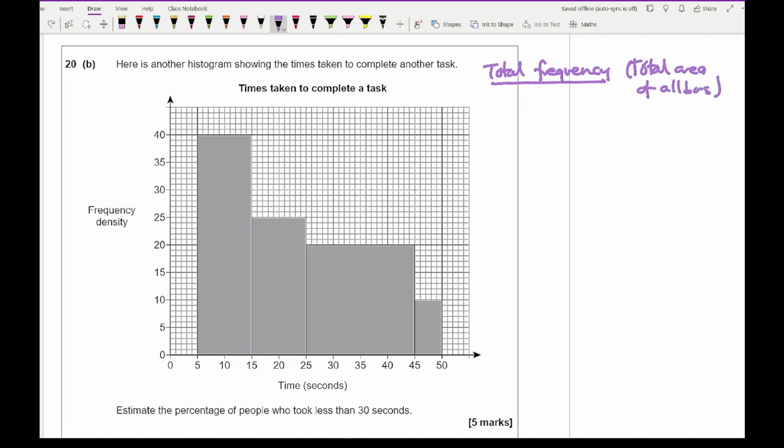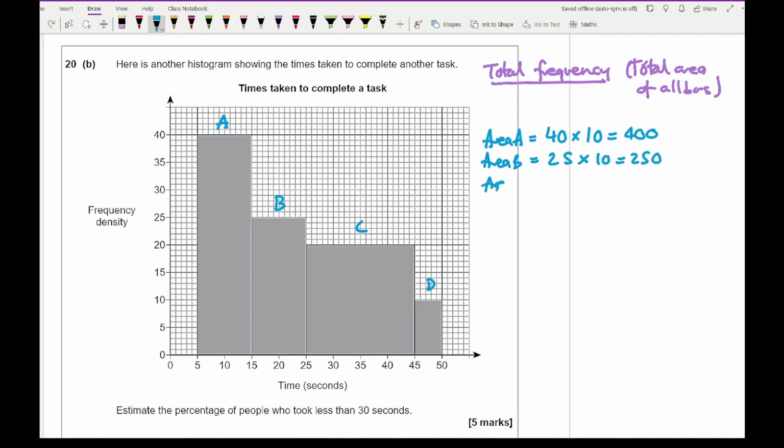So if I just label these bars A, let's not use purple because it's not coming up great, so let's go for A, B, C and D. The area of A is going to be the frequency density multiplied by the time, so that's going to be 40 times 10, which is 400. Then I work out the area of bar B, which is 25 times 10, which is 250.